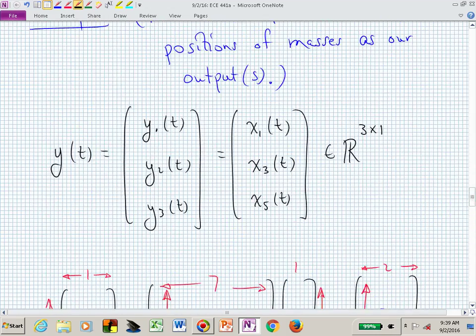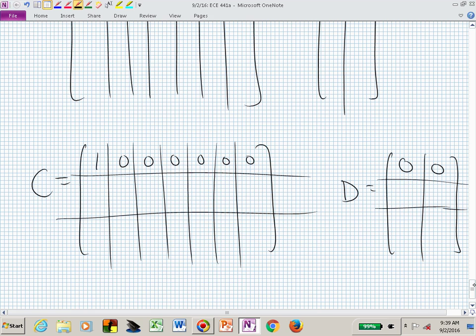It was X3. And Y sub 3 was X5. And we didn't have any inputs directly coupled into our output. The D matrix was all 0. Questions on that?